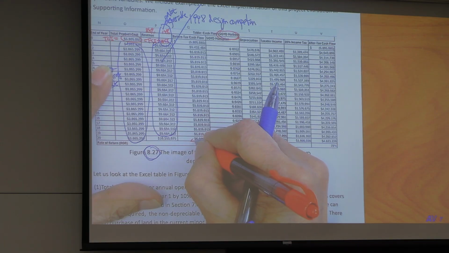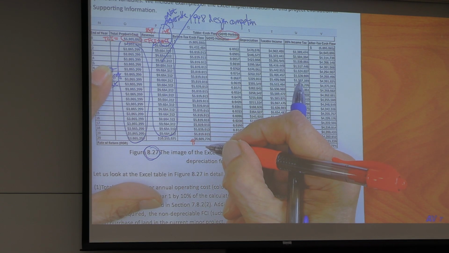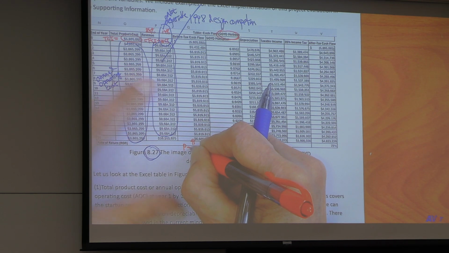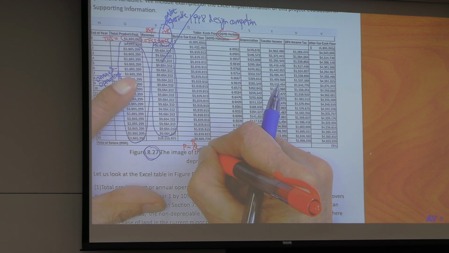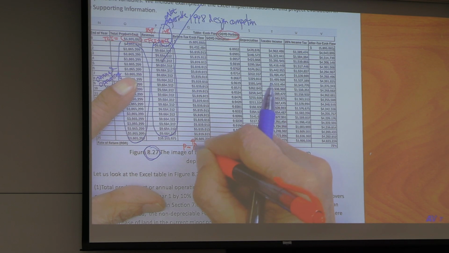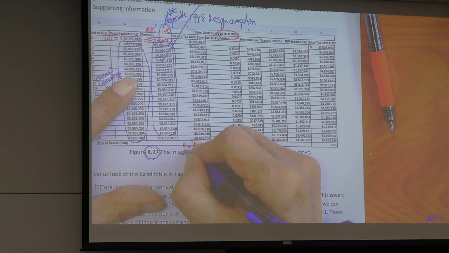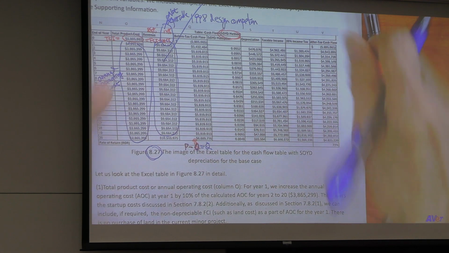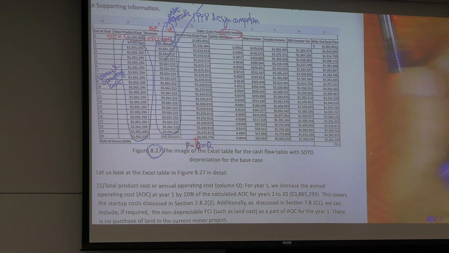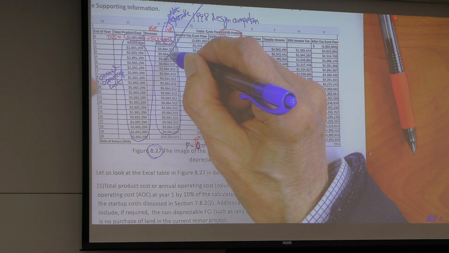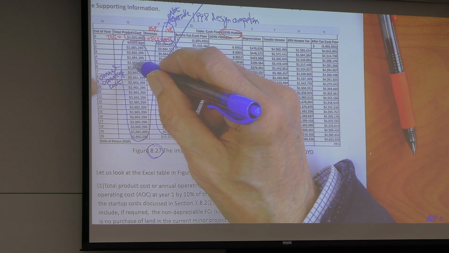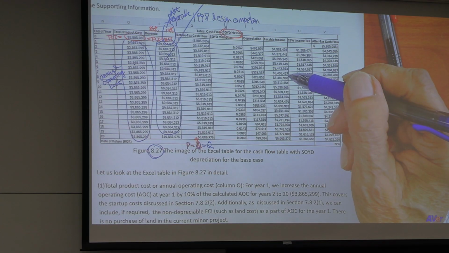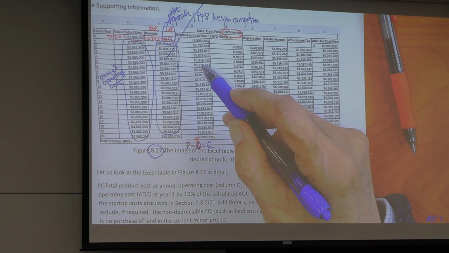So this is P minus O equals Q. 9.7 minus operating costs, revenue minus operating costs, is the before tax cash flow.